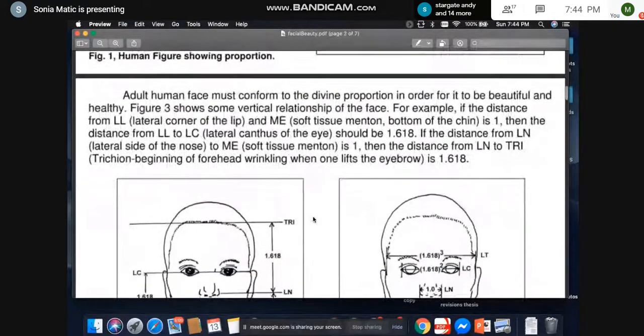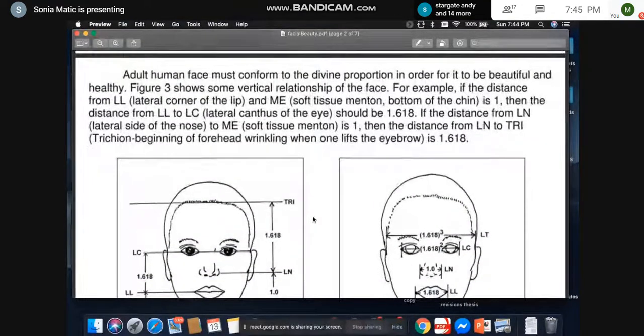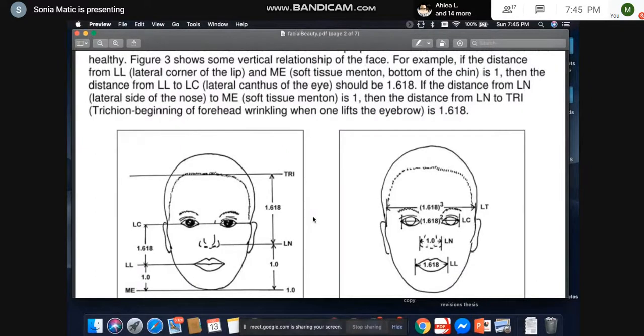So, the adult human face must conform to the divine proportion in order for it to be beautiful and healthy. This figure below shows some vertical relationships of the face.